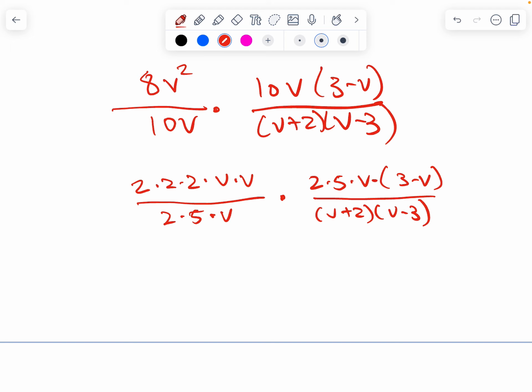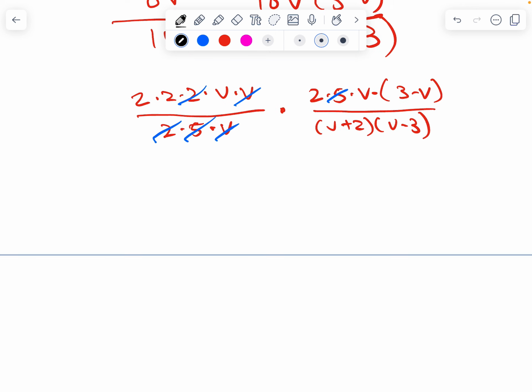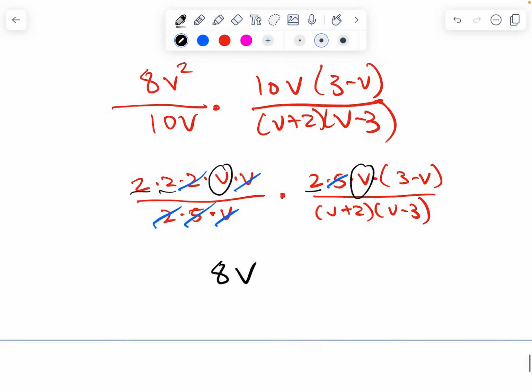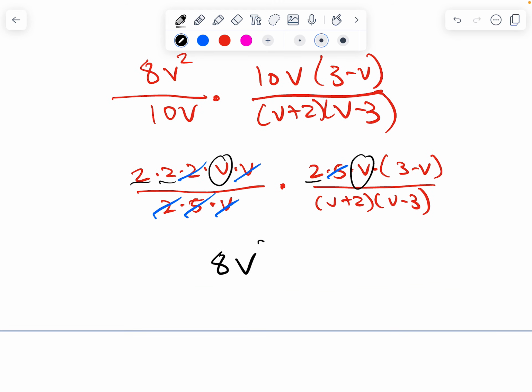Okay, so let's get to work and start canceling some things out. We have a 2 and a 2 and a v and a v and a 5 and a 5. And anything else cancel? Doesn't look like it. So we're going to rewrite this whole expression out as 2 times 2 times 2 is going to be 8, and then we have v and another v, 8v squared.